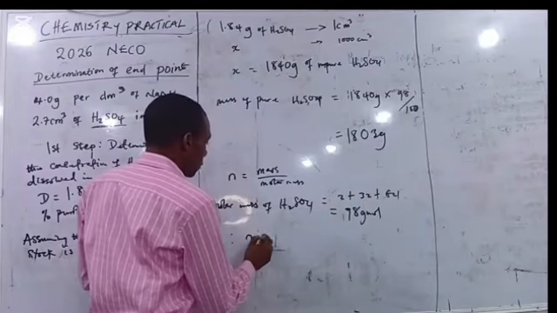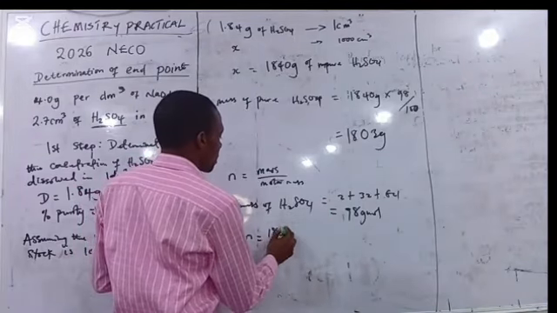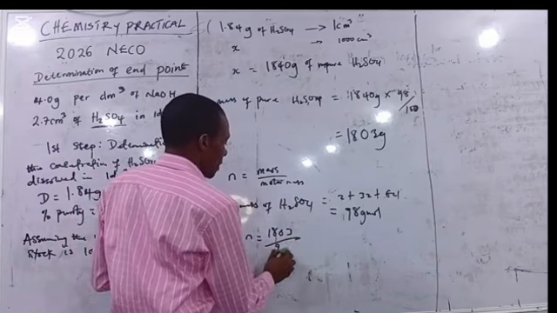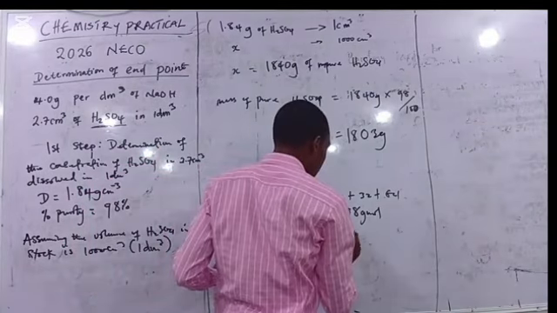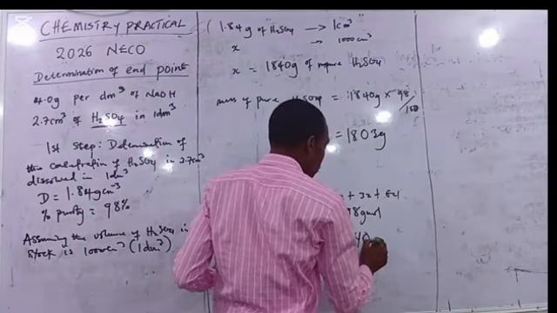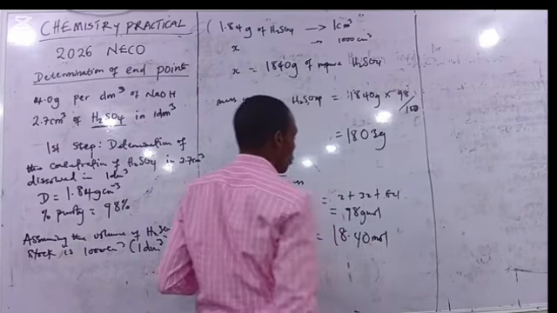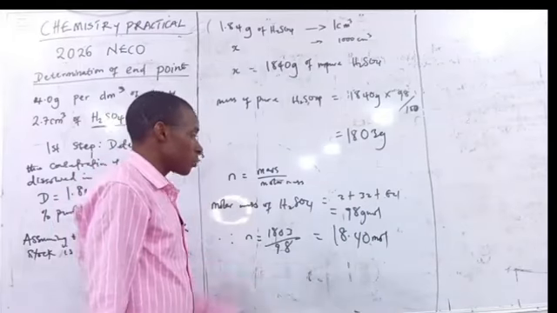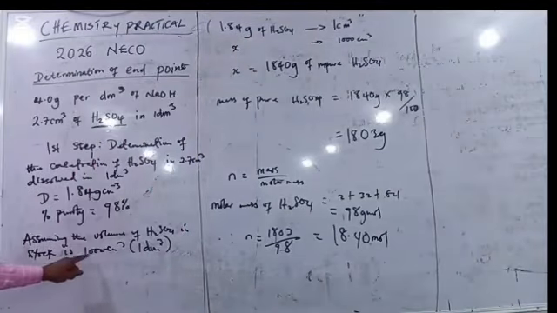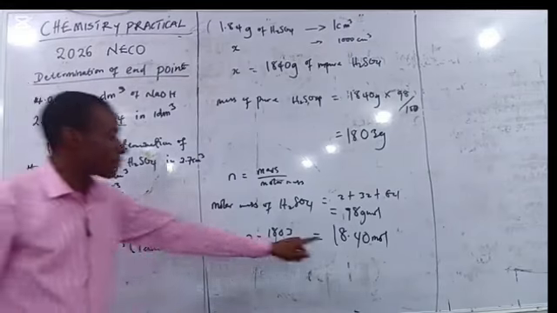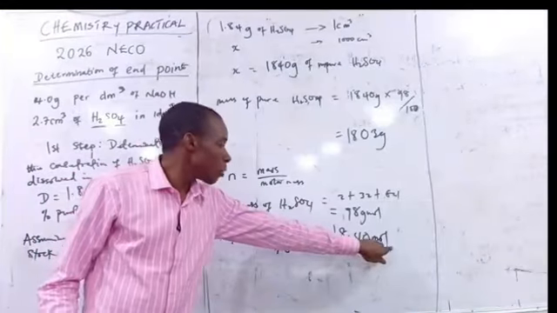Therefore, number of moles equals 1803 divided by 98, approximately 18.40 mole. Use your calculator, that's what you see. That means in 1000 cm cube, we have 18.40 mole.